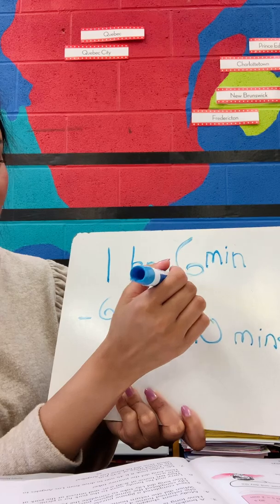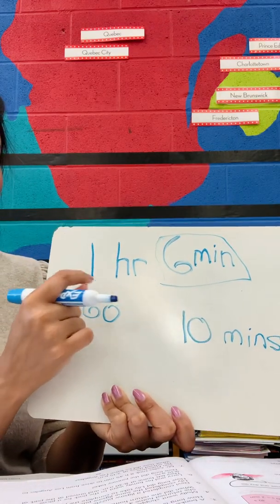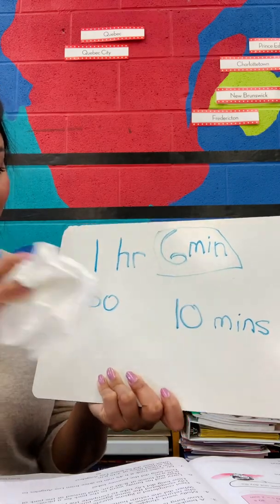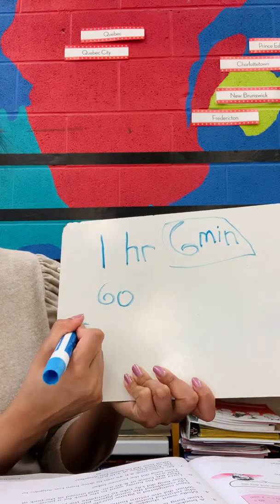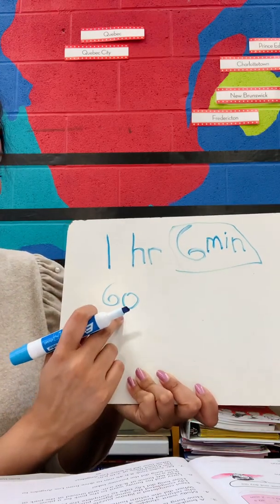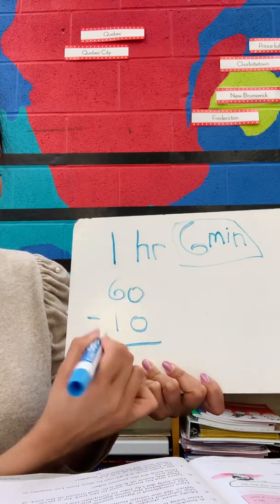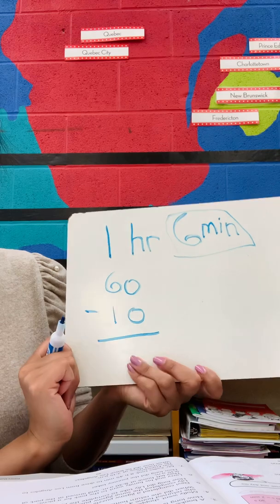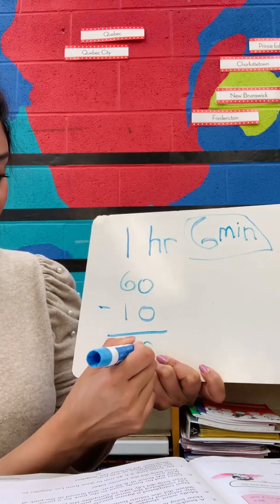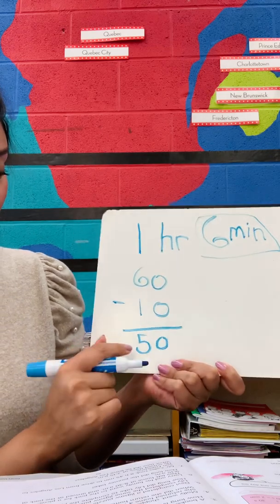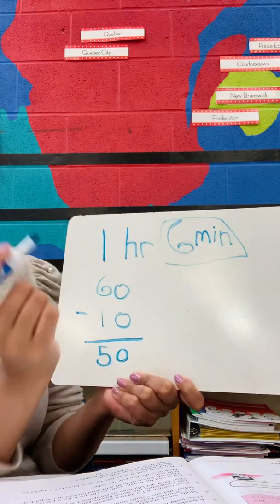So don't touch your minutes yet. Don't touch the extra 6 minutes. Let's just look at our 1 hour, which is 60 minutes, and we're going to subtract Lily's 10 minutes out of Davy's. So 60 take away 10, we are left with 50. But we can go back and add these 6 minutes.